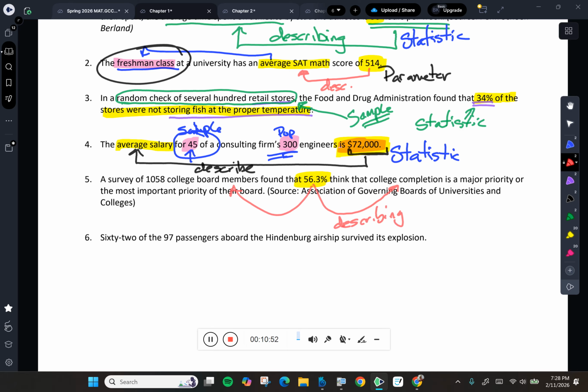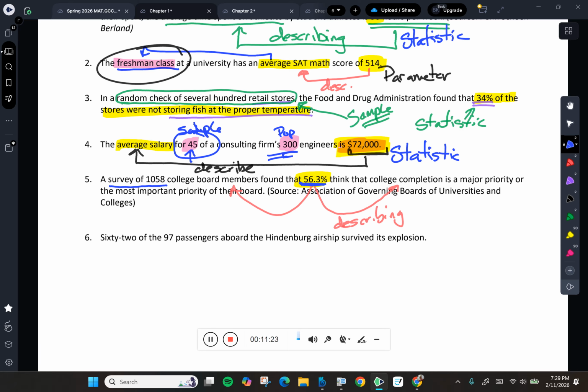Okay. Now, here's my question. Where did the number come from? Well, they got it from a survey of 1,058 College Board members. Okay. Is 1,058 all of the College Board members? Because if it is, and we talk to everybody, we're looking at a parameter. If 1,058 is some of the College Board members, then we're looking at a statistic.